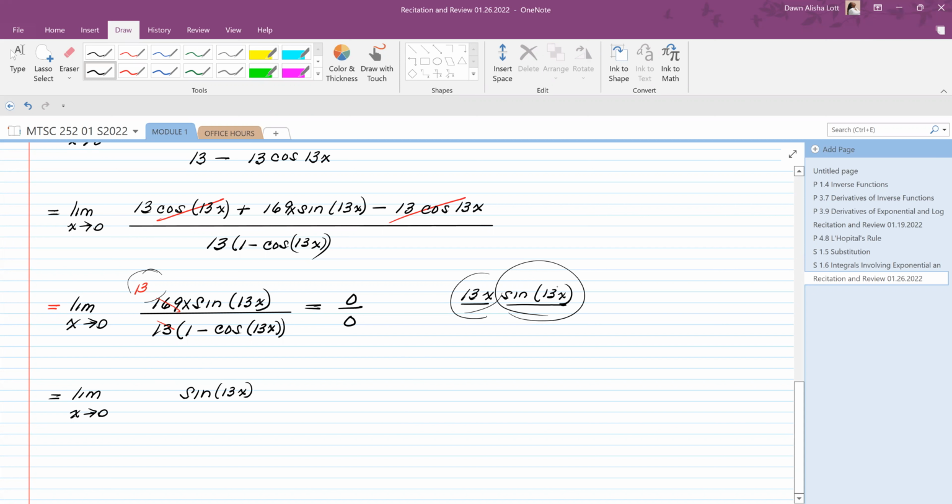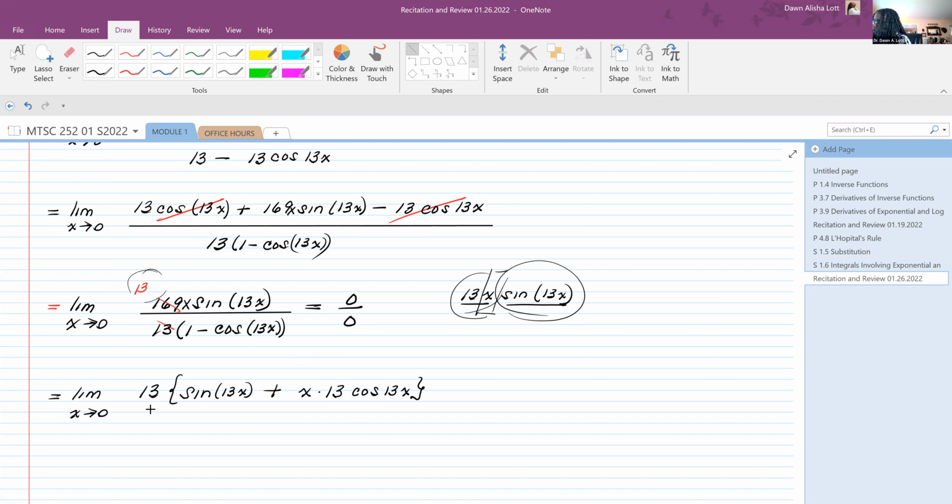That came from taking the derivative of x, right? Okay, so you still have a 13 out here. So that's x times the derivative. You took the derivative of x times the sine of 13x plus x times the derivative of sine, right? So that's another 13 cosine 13x.